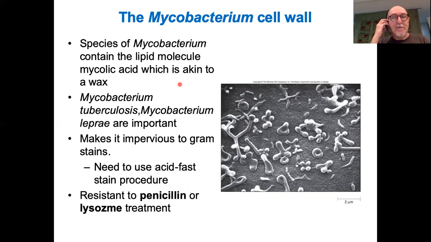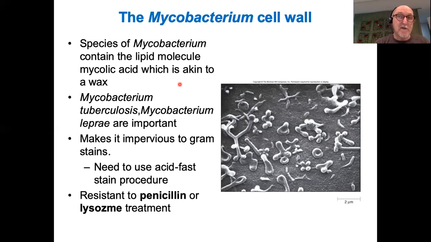Mycobacterium is a very interesting bacterium, and there are numerous disease-causing Mycobacteria. The most important one is Mycobacterium tuberculosis, the causative agent of tuberculosis. Another one is Mycobacterium leprae, which causes leprosy. They are usually slow-growing, but as you realize, they can cause very serious disease, and they are resistant to many antibiotics.